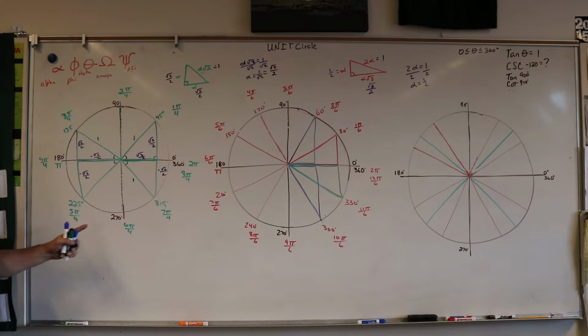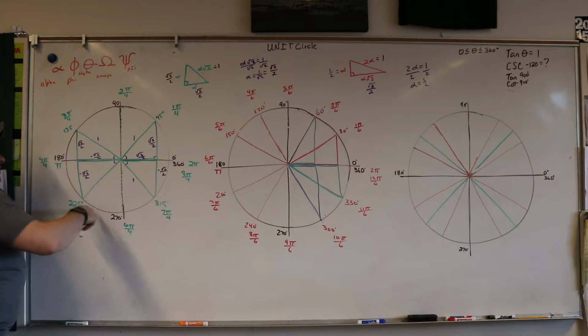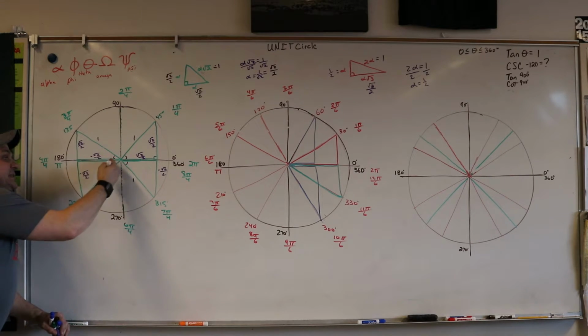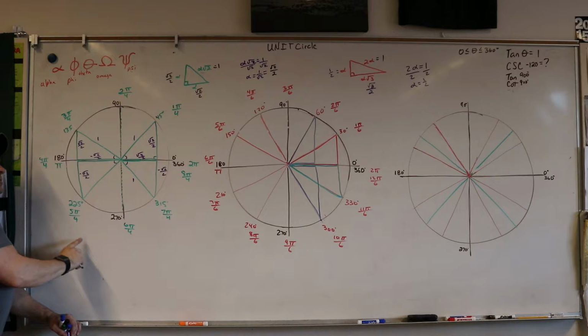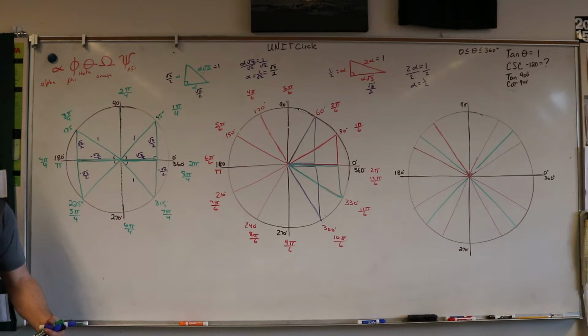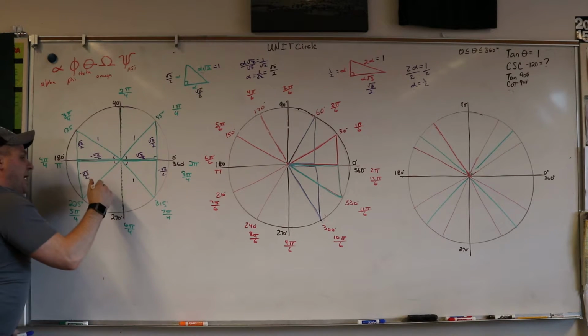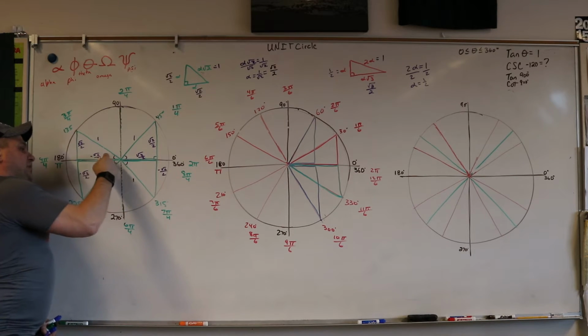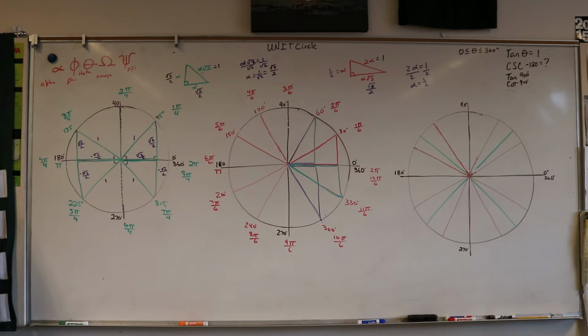Whether we're looking at 45 or 225, or negative 135, it's still going to have a reference angle of 45, right? And now we're referencing this angle to the opposite over the adjacent, if it was tangent. If it was sine, it's opposite over hypotenuse. If it was cosine, it's adjacent over hypotenuse. Right?